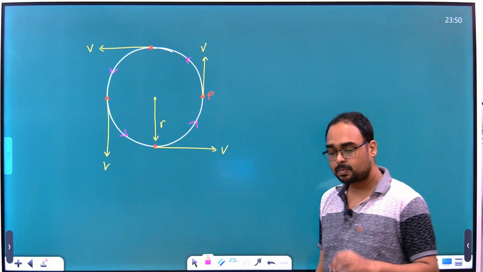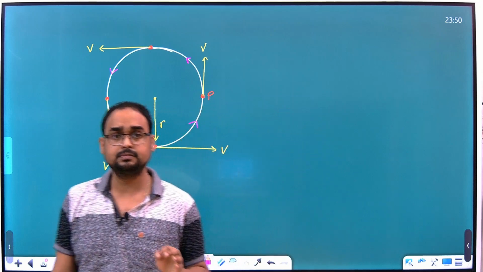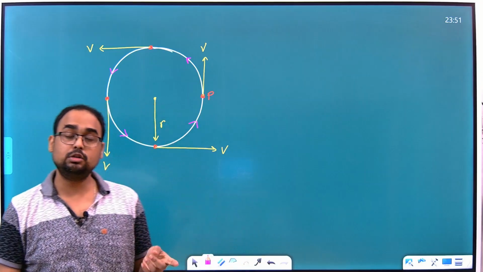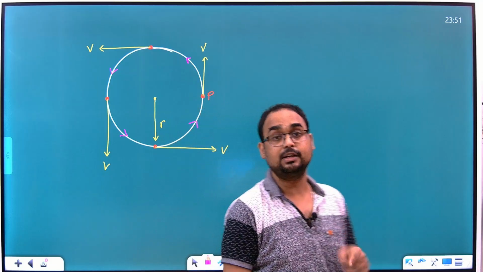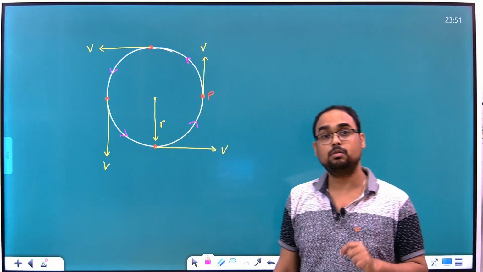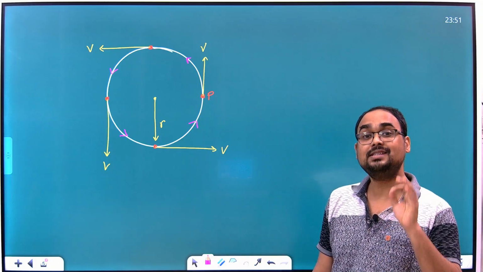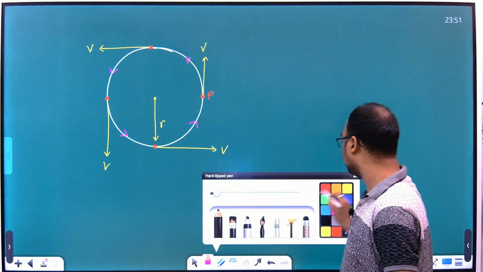Now, when a body is moving in a circular manner, the velocity is changing, and due to the change in velocity, there is a change in acceleration. Now, the acceleration so produced always acts towards the center. Let me write it down for you so that you don't forget.